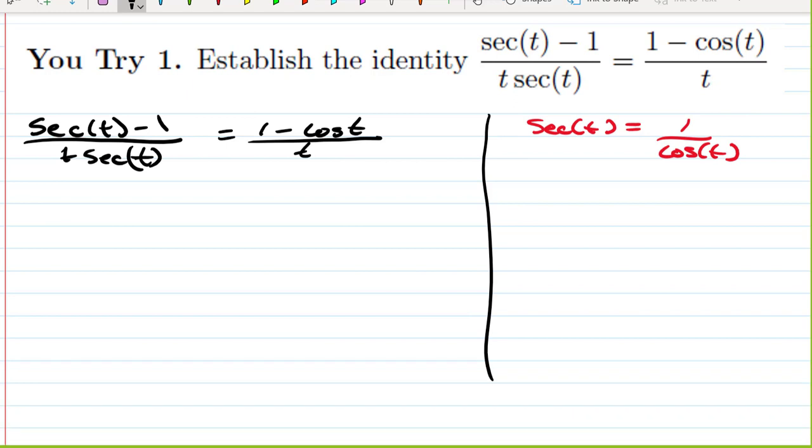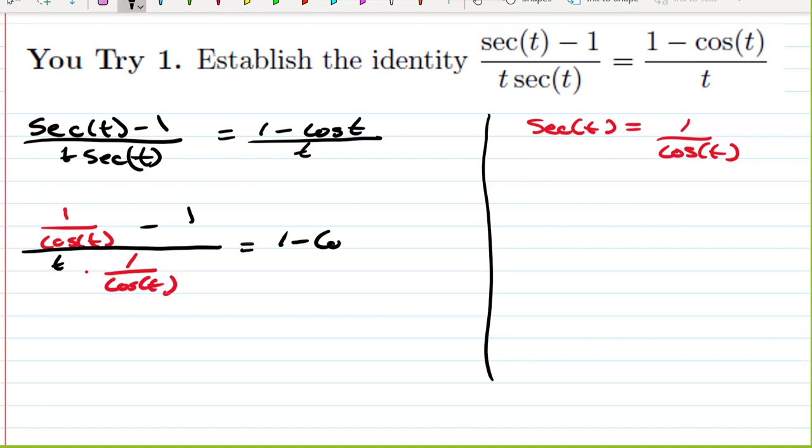If I replace all of my secant t's with 1 over cosine t, I get 1 over cosine t minus 1 over t times 1 over cosine t, and I want to show that that's equal to 1 minus cosine t over t.